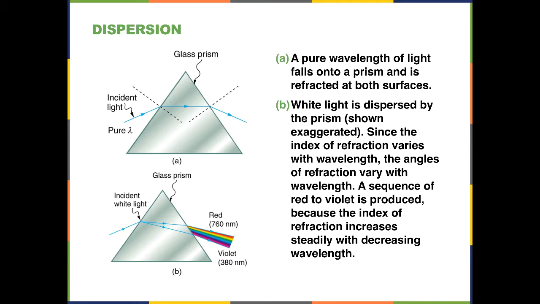And for the purpose of this demonstration, they're modestly exaggerated, but because there's various wavelengths, the angles of refraction vary slightly based on the wavelength, and thus they are separated into their various colors because of these changes in angles of refraction, which happen twice as it goes into the prism and then comes out.